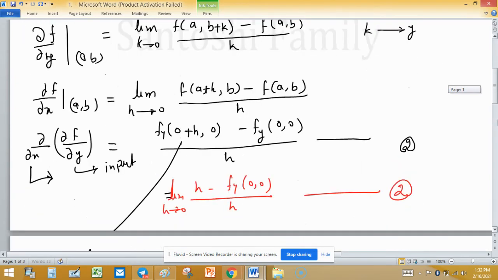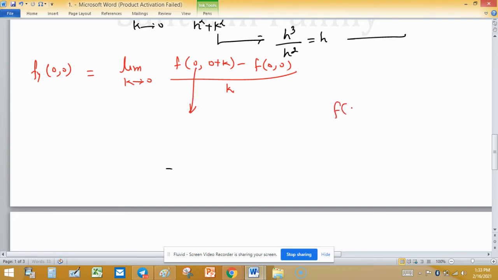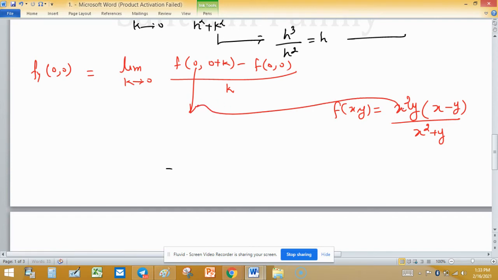We need to calculate fy at (0,0). So fy at (0,0) will equal the limit as k tends to 0 of [f(0, 0+k) minus f(0,0)] divided by k, the change in the y coordinate. As the x coordinate is 0, f is x square y times (x minus y) divided by x square plus y square, so the function value will be 0.